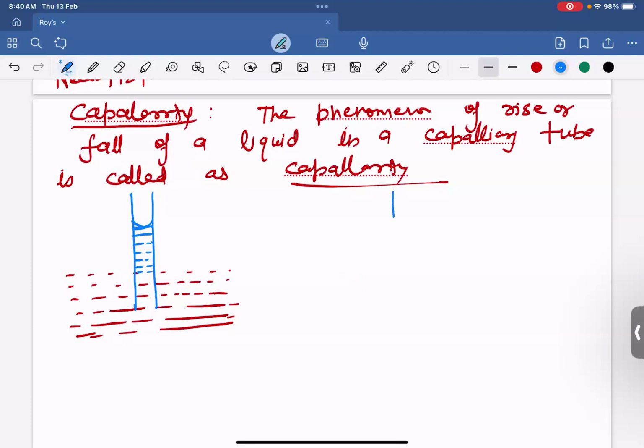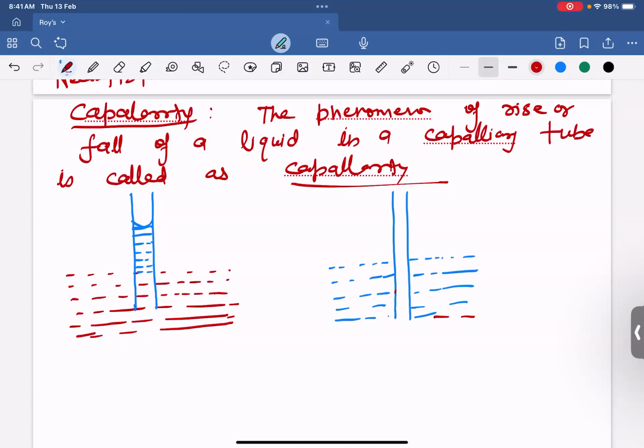Similarly, if I take a narrow tube here, in the second case I'll take such liquid which makes a convex surface, as if you look from outside. Then as compared to the surrounding, the level in the tube decreases like this.